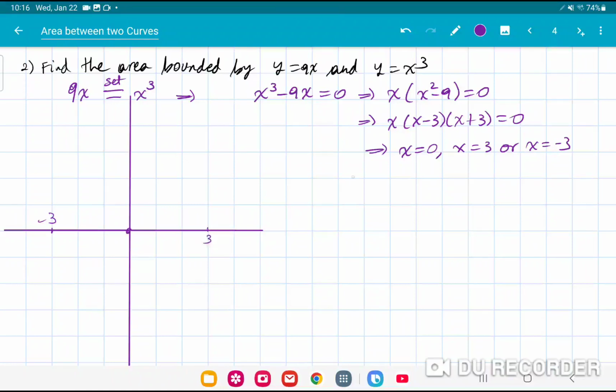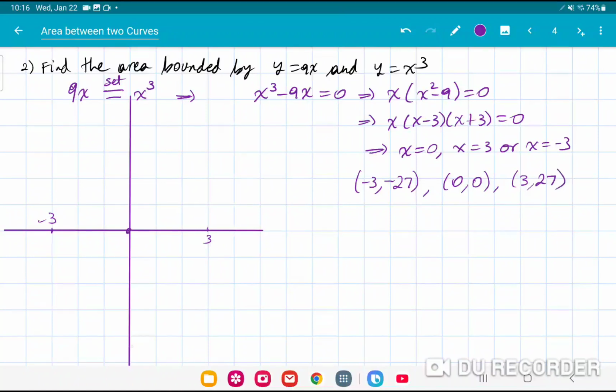If you calculate the y components, when you stick negative 3 into either one of these two, it will give you negative 27. When you stick 0 in, it gives you 0. When you stick 3 in, you get 27.